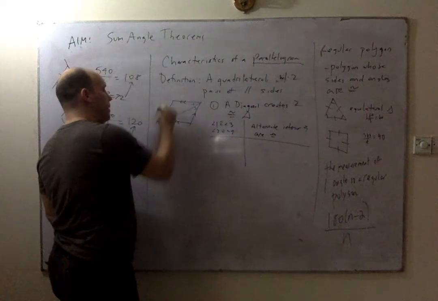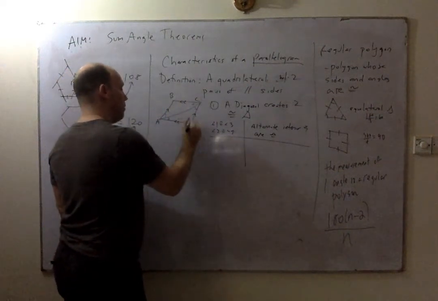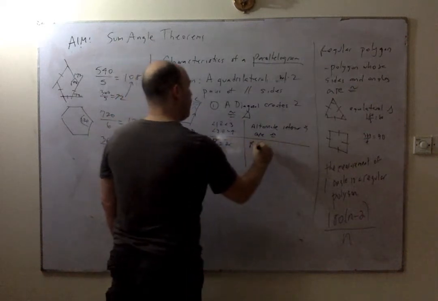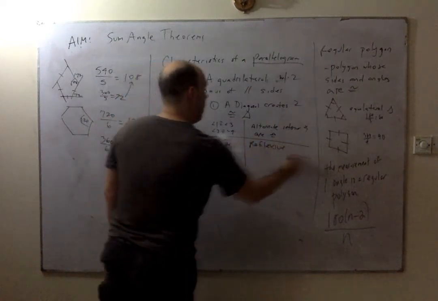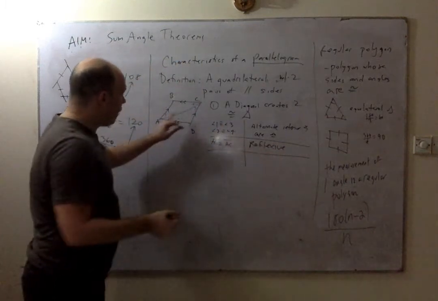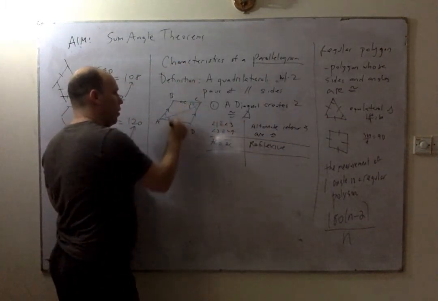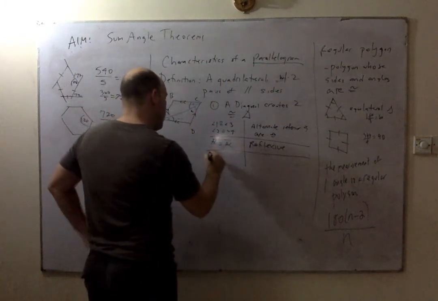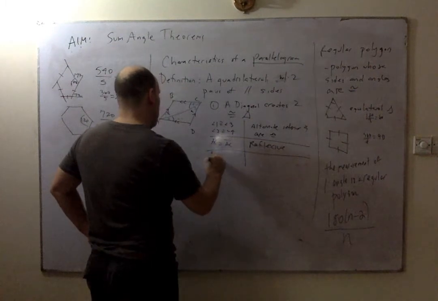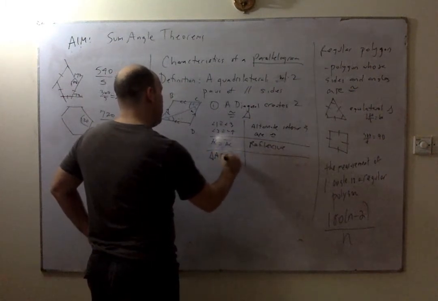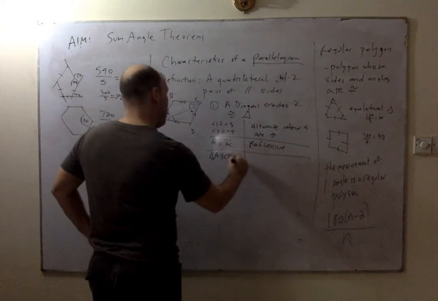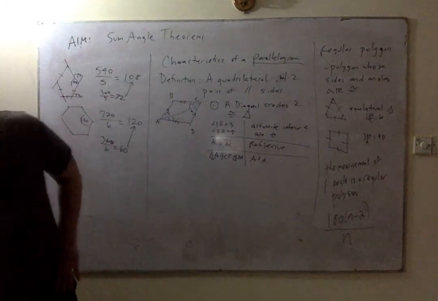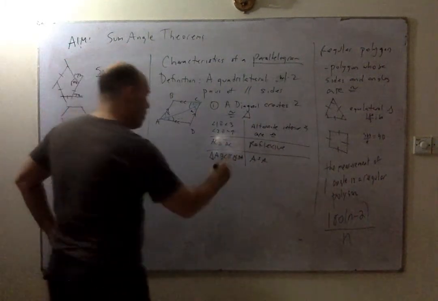I'm going to label this A, B, C, D. We know that AC is congruent to AC, reflexive, and therefore we just proved by angle side angle that triangle ABC is congruent to triangle CDA, angle side angle. That's first. Next, opposite sides are congruent.